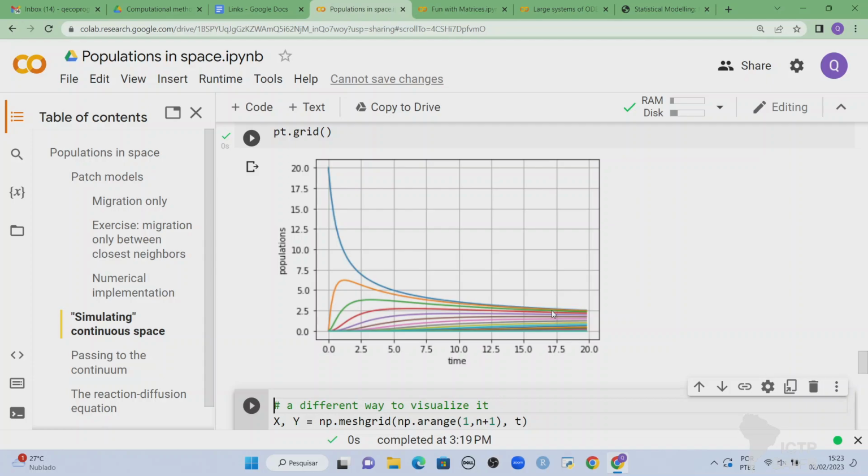I don't understand why the migration rate has to necessarily be faster. Couldn't it just be that the species takes longer to migrate? Well, it could, but then you're modeling a different situation, right?